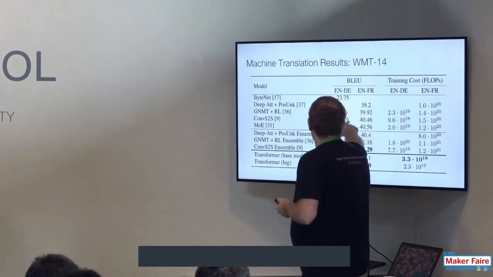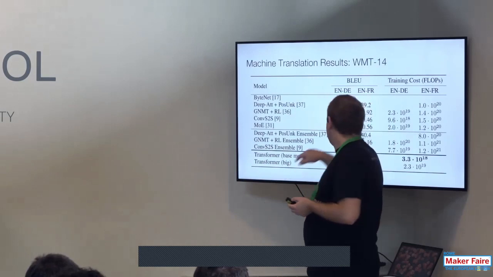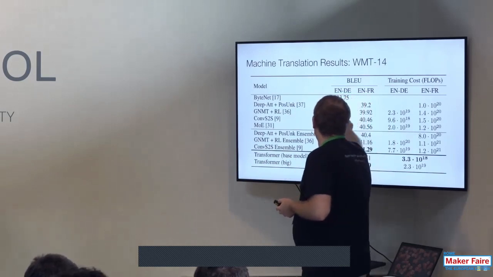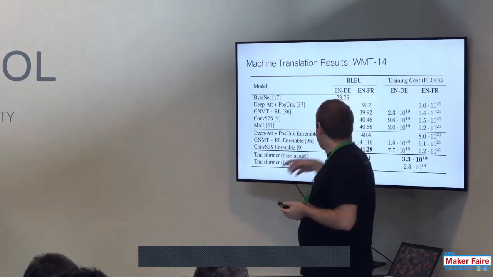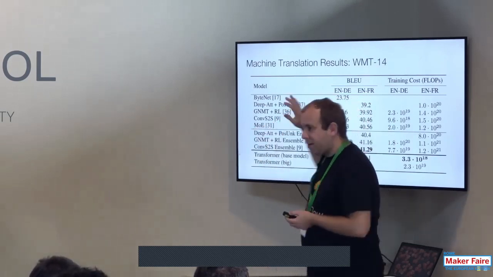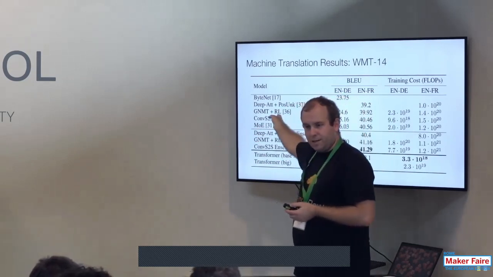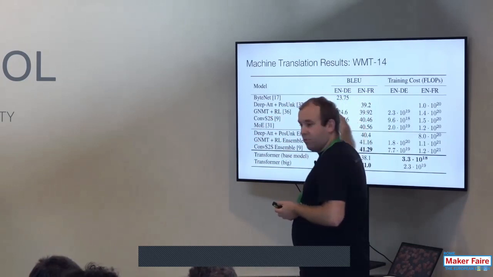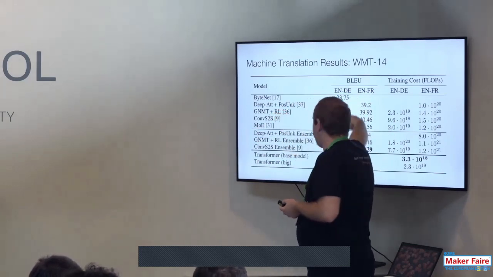Then there was a very recent Facebook paper that used convolutional things, it was 25. There was a mixture of experts layer paper, which is this model with some extensions, it got 26. So this was considered very high. If you give this to human translators, they will get something around 30.